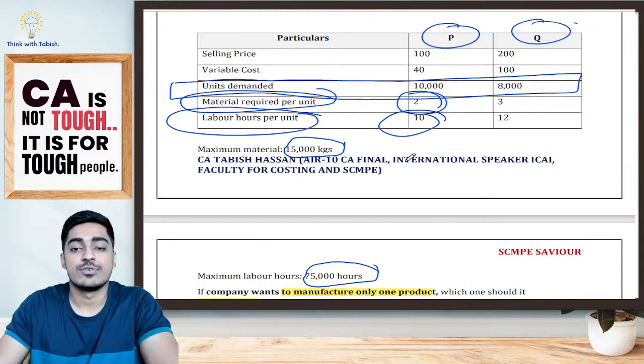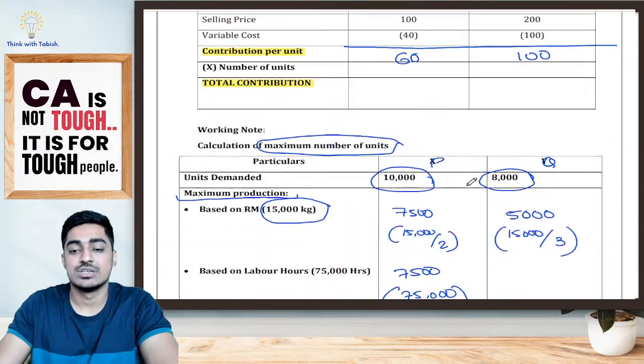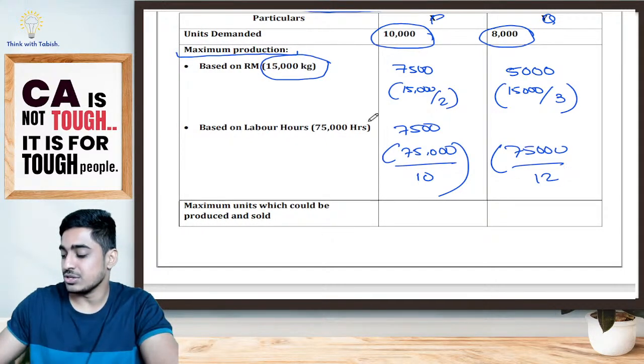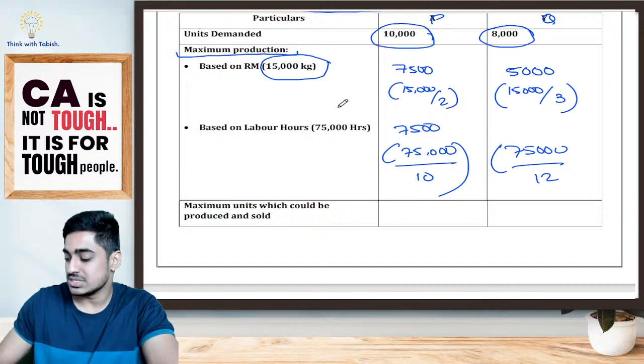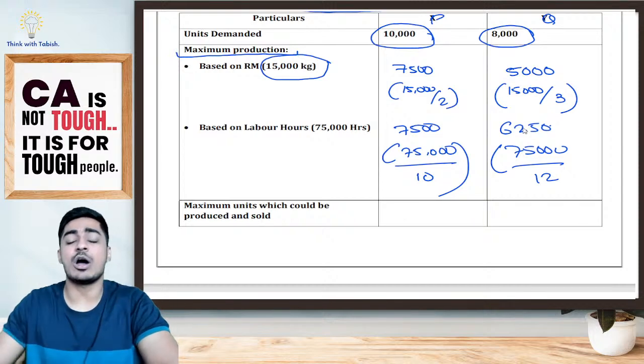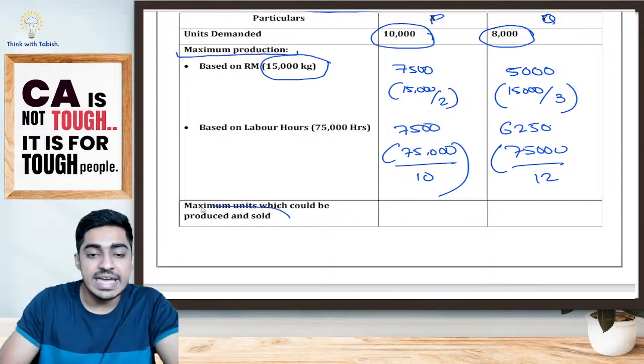For Q, for every unit, we want 12 hours of labor. We have 75,000 hours. So how many units will we be in a position to produce, students? 6,250.